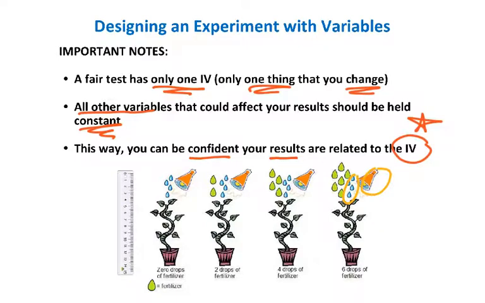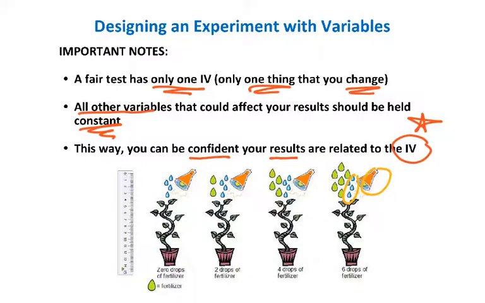Now, just a quick note, there might be some things that don't have to stay constant, right? So the only things that you need to keep constant in your experiment are the things that could affect the results, right? So do you think that it matters what color pot these plants are planted in? Probably not. That's probably not something you need to keep constant, right?